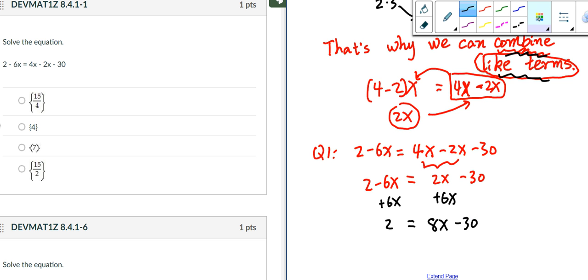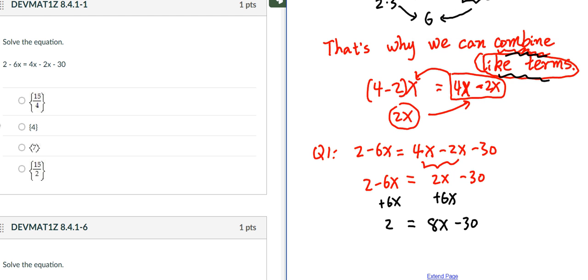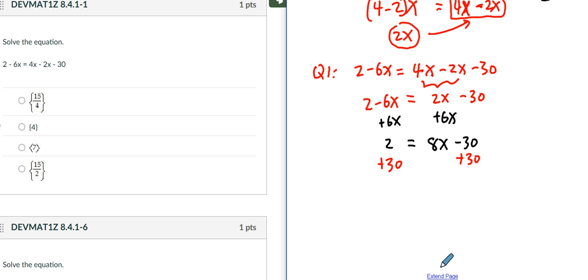Similarly, you can do more. Add 30 on both sides. So what do we get? Those two will be cancelled.